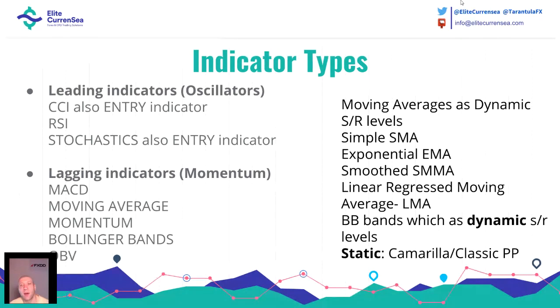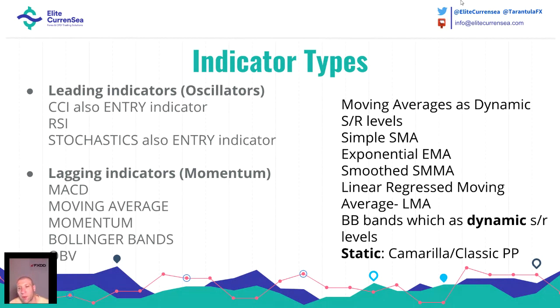And we have dynamic and static support resistance level indicators, such as simple SMA, exponential EMA, smoothing SMMA. All these moving averages can be dynamic support and resistance levels, as my 89 EMA is. It's a dynamic support and resistance level.